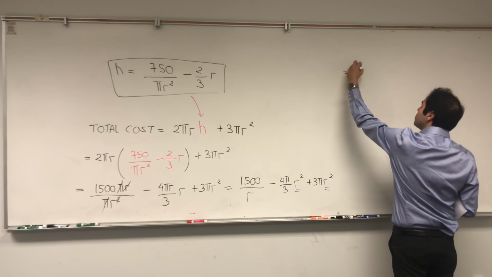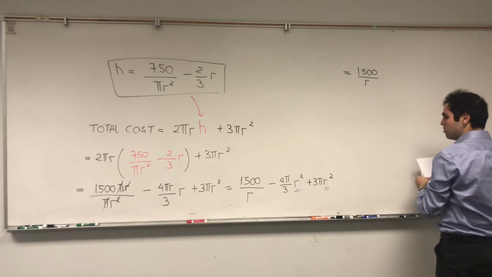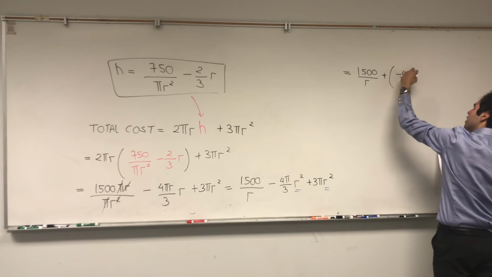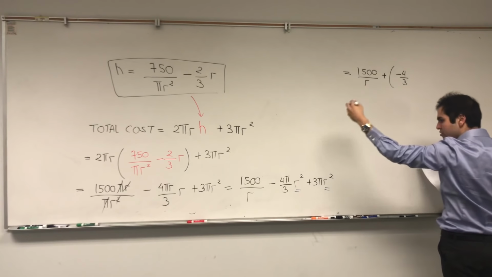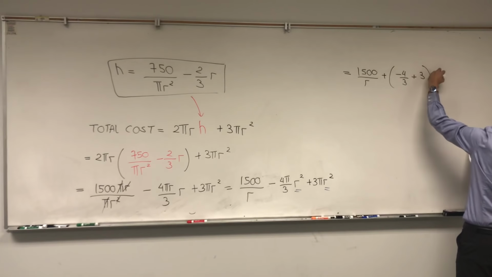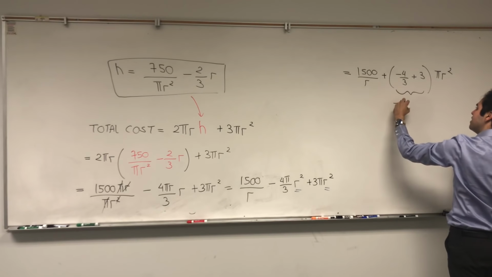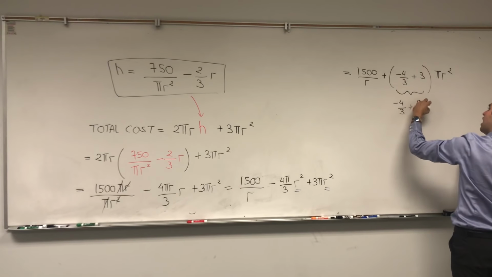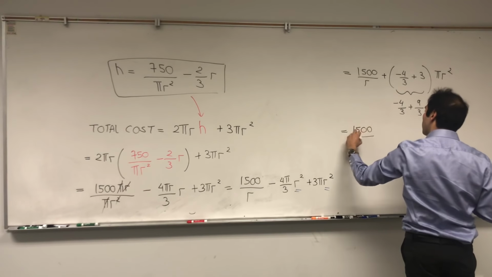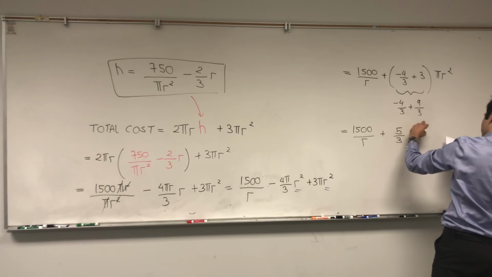So this becomes 1500 over r, and then minus 4/3, plus 3 times pi r squared. And if you want, this is minus 4/3 plus 9/3. So in the end, we get 1500 over r plus 5/3 pi r squared.